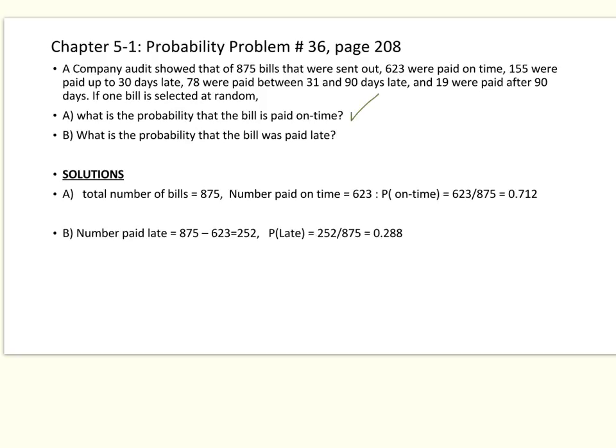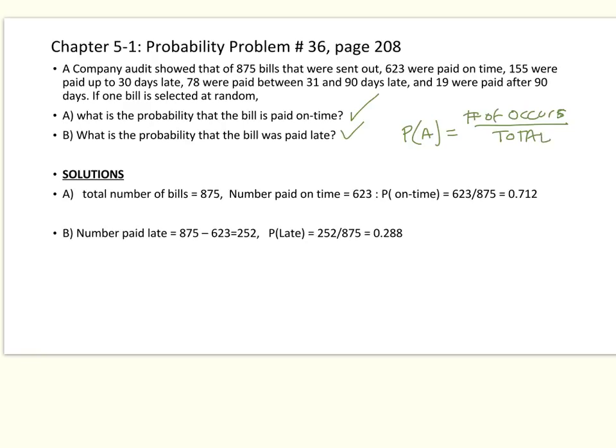The second is, what is the probability that the bill was paid late? Well, the solutions are the following. We know that the probability of any event A is equal to the number of occurrences that occur divided by the total sample space.